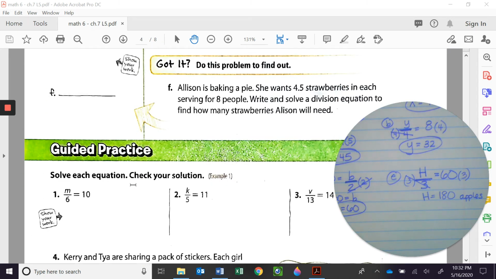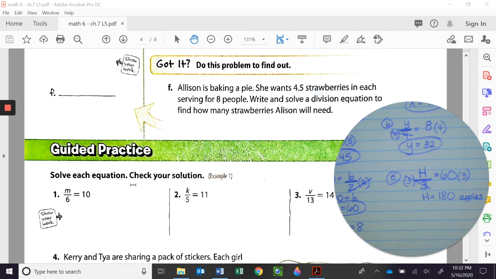Okay, Allison is baking a pie. She wants 4.5 strawberries in each serving for 8 people. Write and solve a division equation to find out how many strawberries Allison will need. Okay, so we need 8 people total.